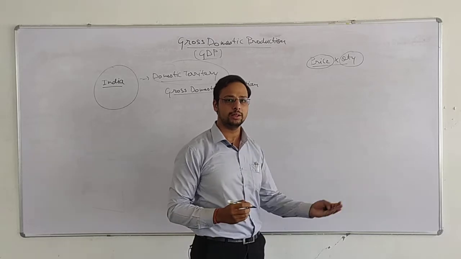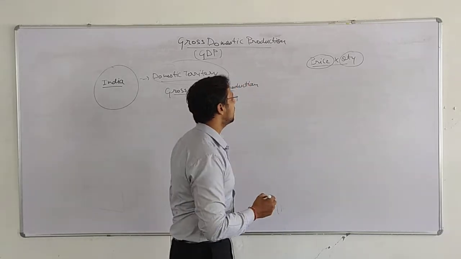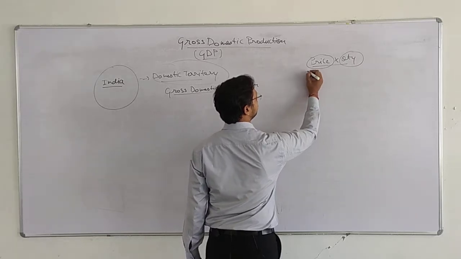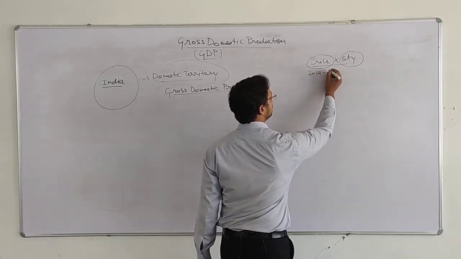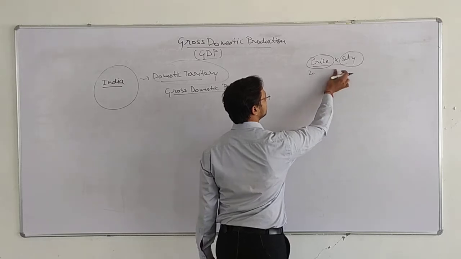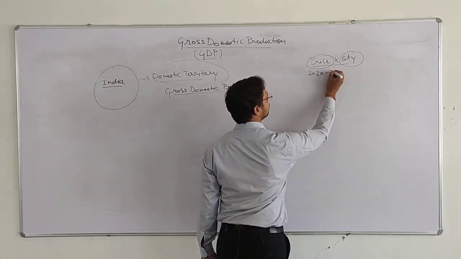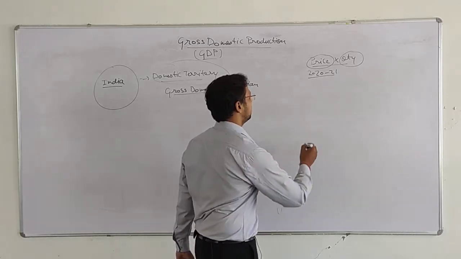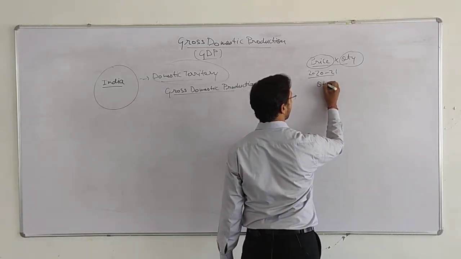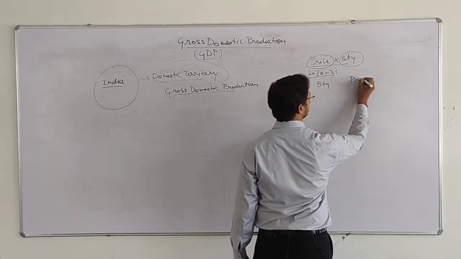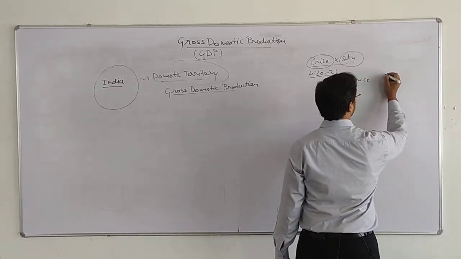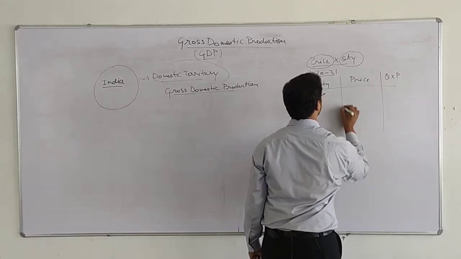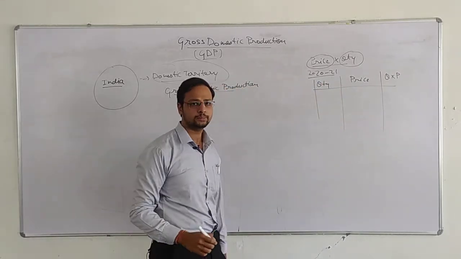Let me give you an example and you will understand it. Suppose within the financial year 2019 to 2020, or I would rather say 2020 to 2021, because that was the previous year, here is the quantity and here is the price, and here will be quantity into price, meaning the multiplication of both factors.